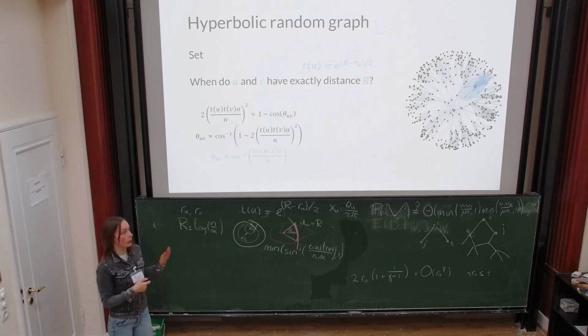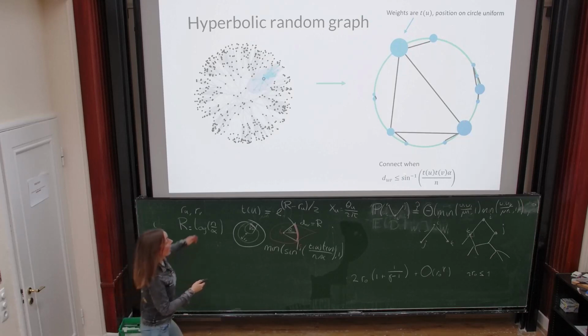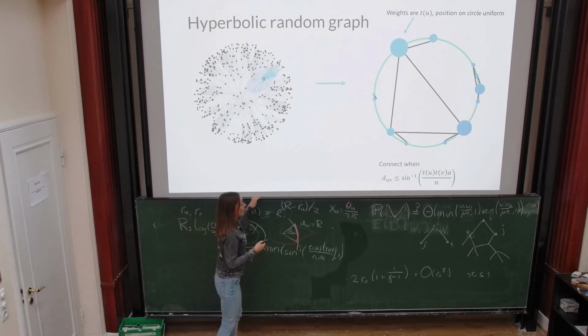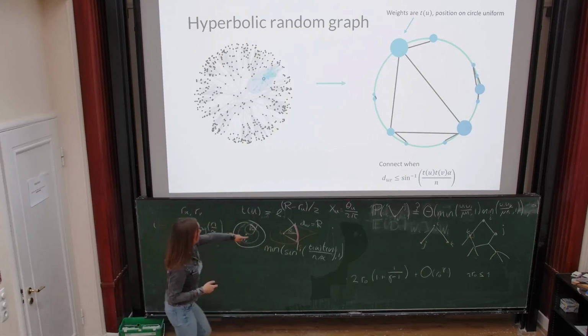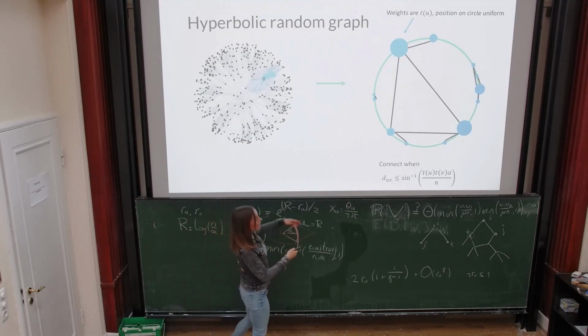So now we have these types, which are also independent. Every point has a position on the circle, you give them an independent type, and you connect 2 points. We say that the angle between them should be smaller than this, but in this transformation, the angle is actually just the distance.